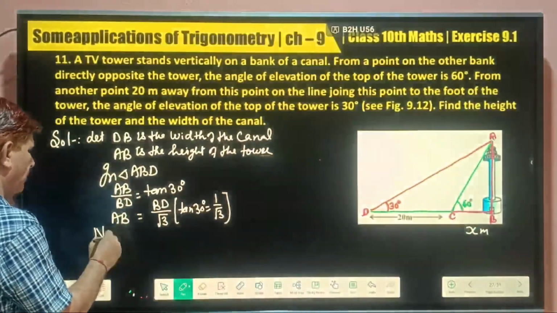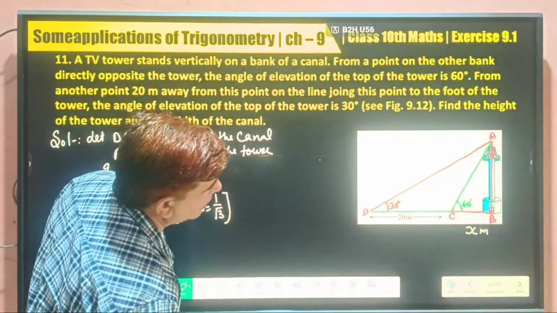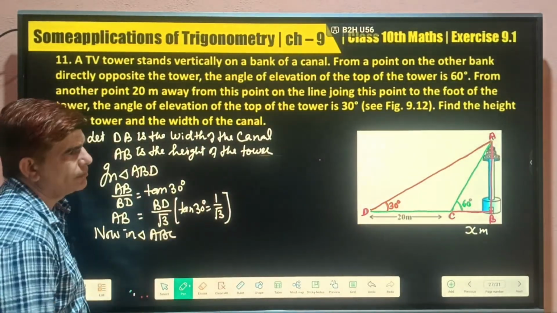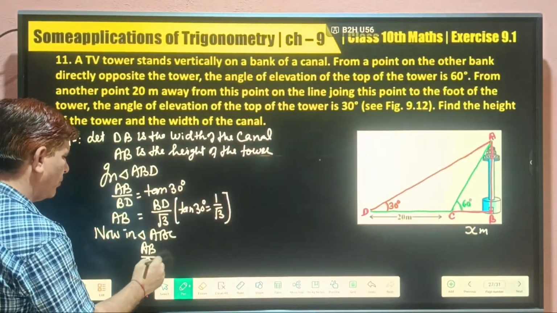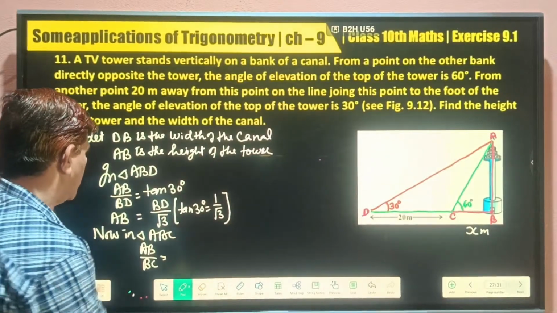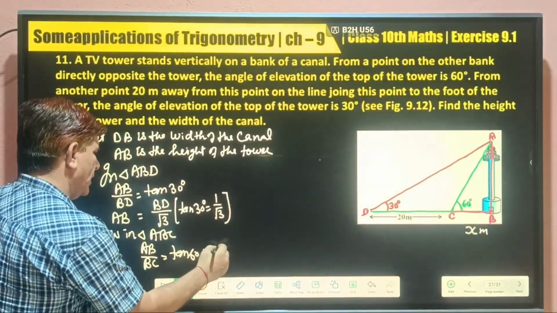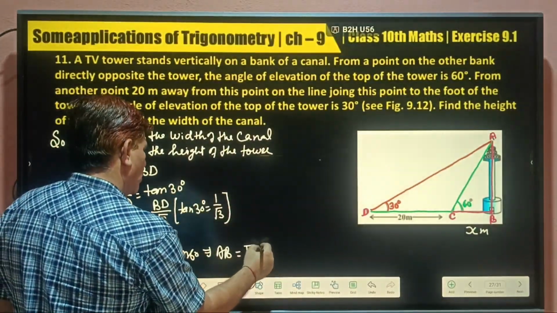Now in triangle ABC, AB by BC is equal to tangent 60. This implies AB is equal to under root 3 BC.